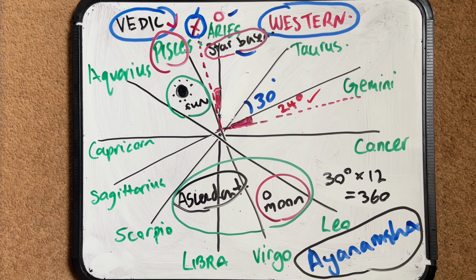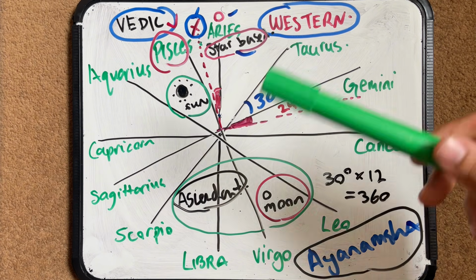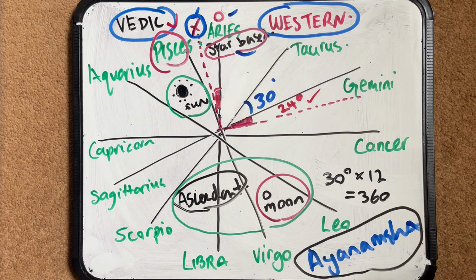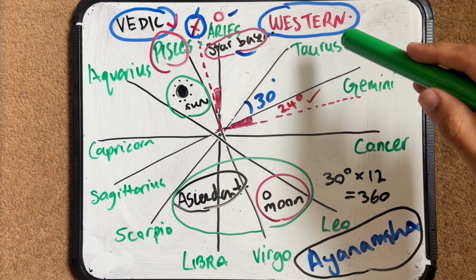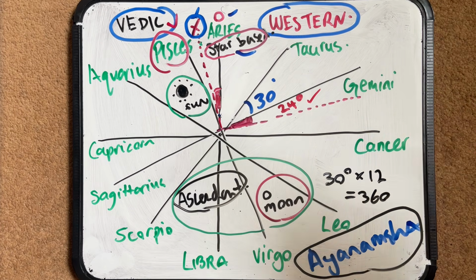Now, let us compare both systems simply. Western astrology uses the tropical zodiac. It is connected to seasons. It often gives importance to the sun sign in popular astrology. It commonly uses modern psychological interpretation.